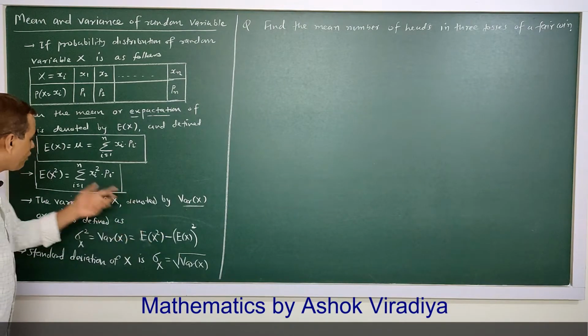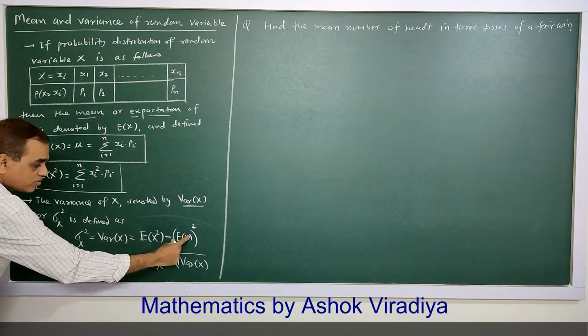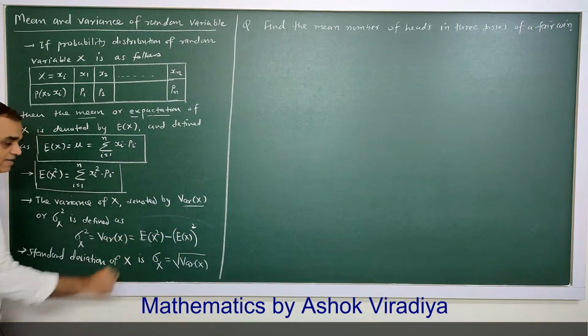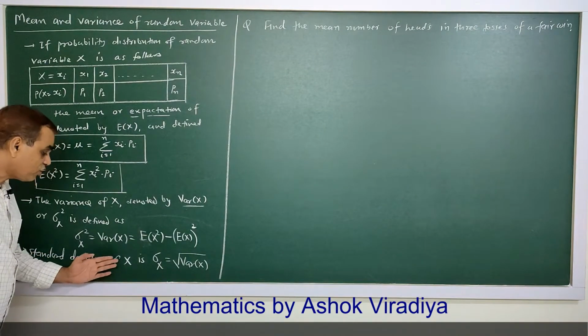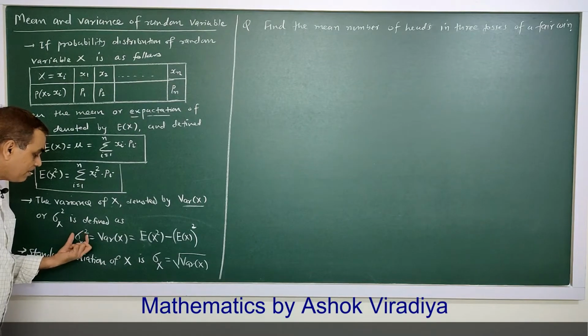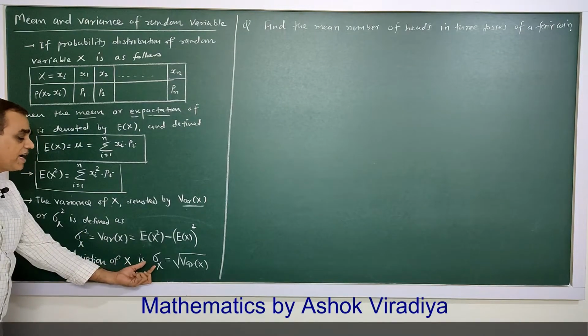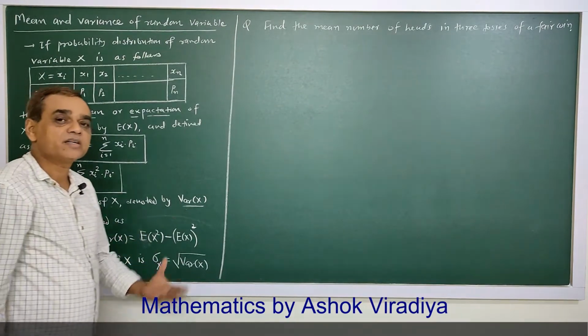It is the difference of E of x square and the square of E of x. And standard deviation of random variable x is the square root of this number, that is sigma x. Square root of variance is standard deviation.